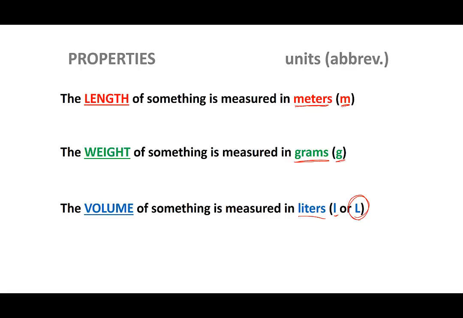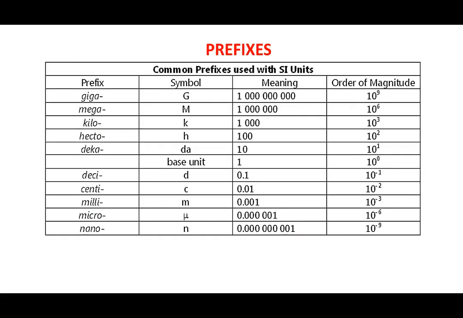All right, so these properties and these units can be combined with some prefixes in the metric system. Prefixes are these over here in this column, and I'm boxing in the ones that I am going to use in today's video. Prefixes are actually a name that has a meaning to it, and you can see the meaning here.